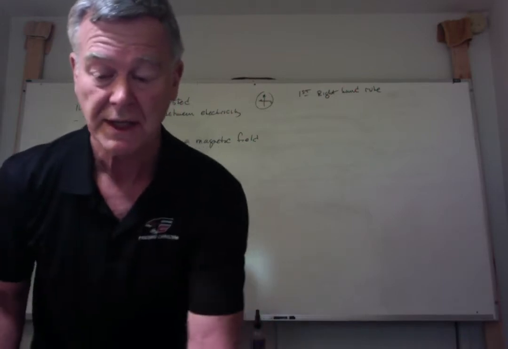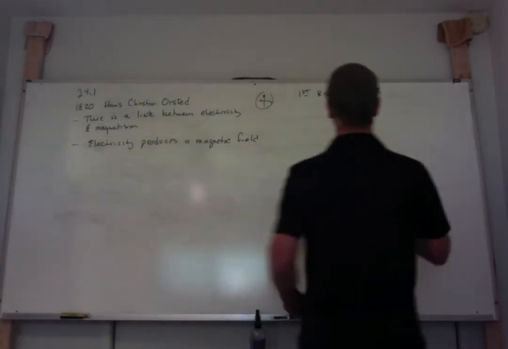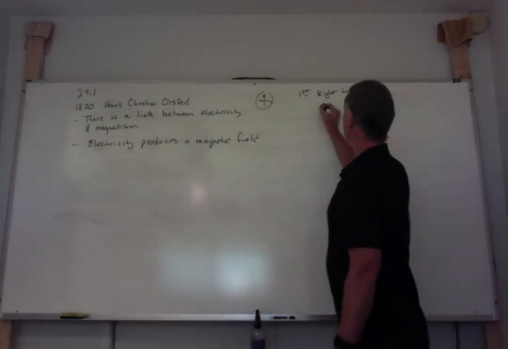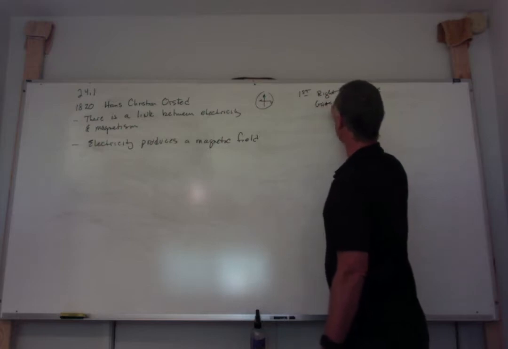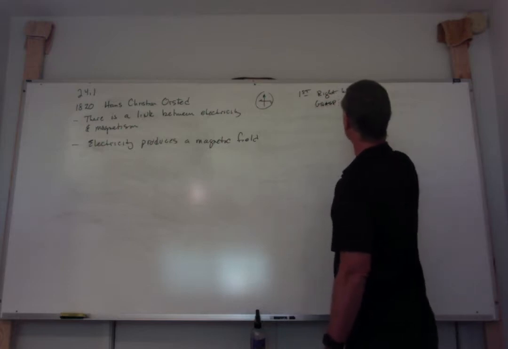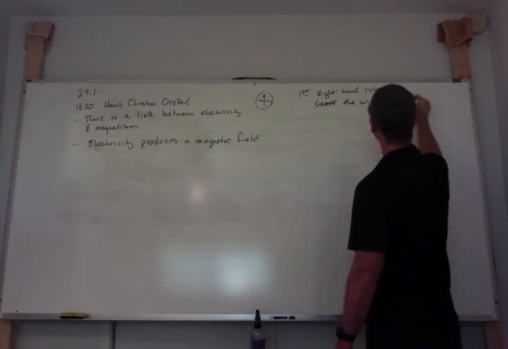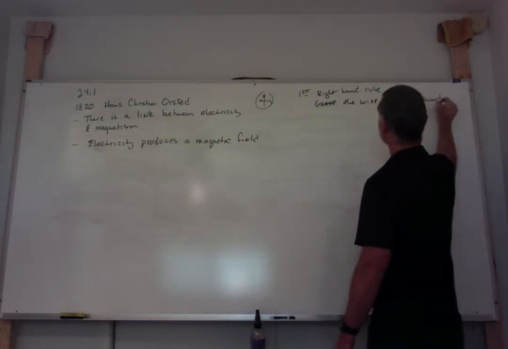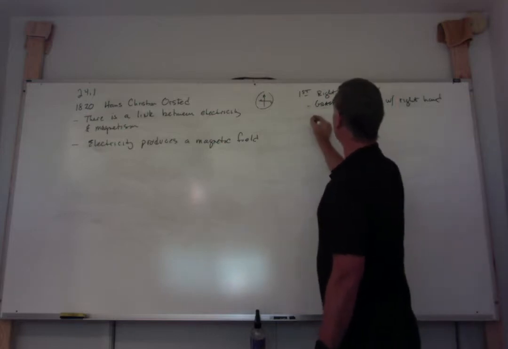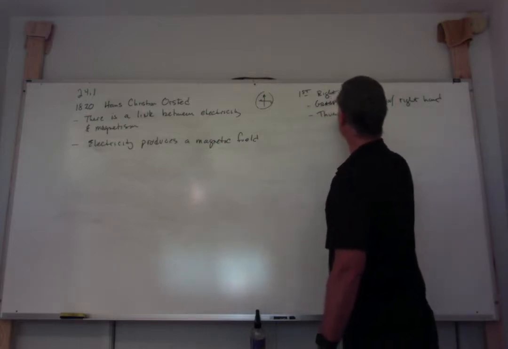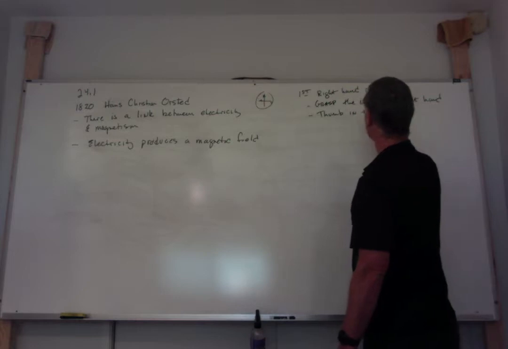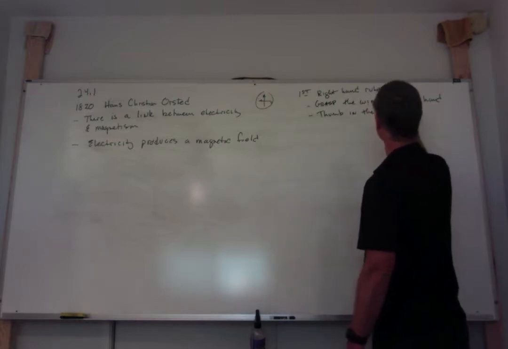And so when we think of a wire, here's the first right-hand rule. The first right-hand rule says grasp the wire, obviously with the right hand, thumb in the direction of current flow.